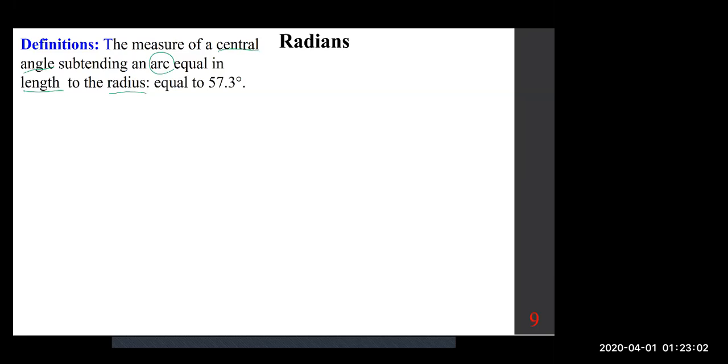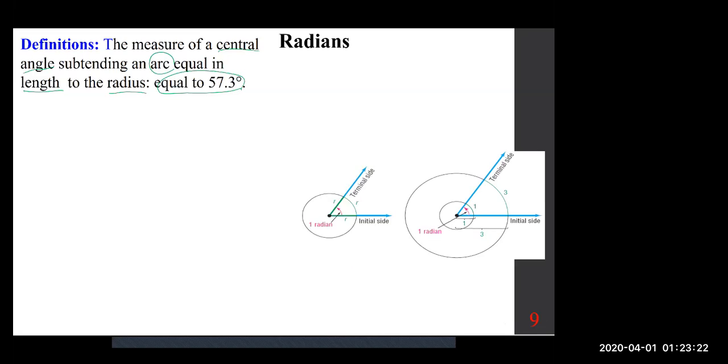And that ends up being about 57.3 degrees. Now, equal to 57.3 degrees is not the definition, class. It ends up being equal to that. The definition is a measure of central angle that covers an arc which is equal to the radius in length.